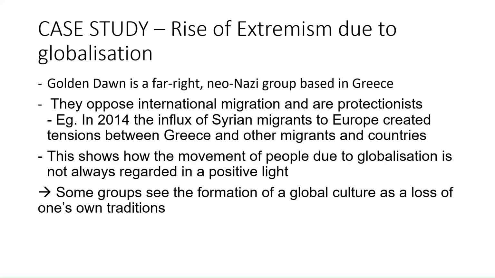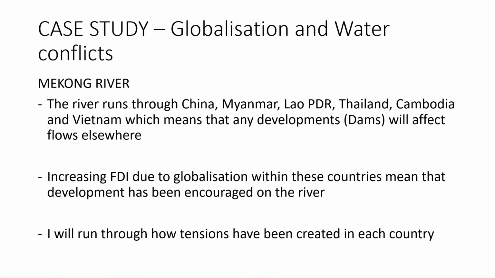In 2014, the influx of Syrian migrants to Europe created tensions between Greece and other countries. This shows that the movement of people due to globalization is not always regarded in a positive light, and some groups see the formation of global culture as a loss of one's own traditions. That is essentially the idea of extremism. Not everyone is fond of globalization.